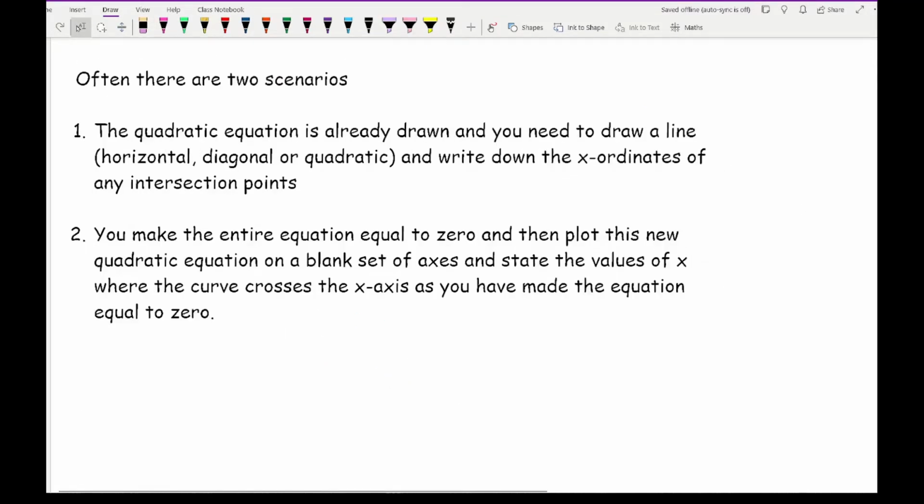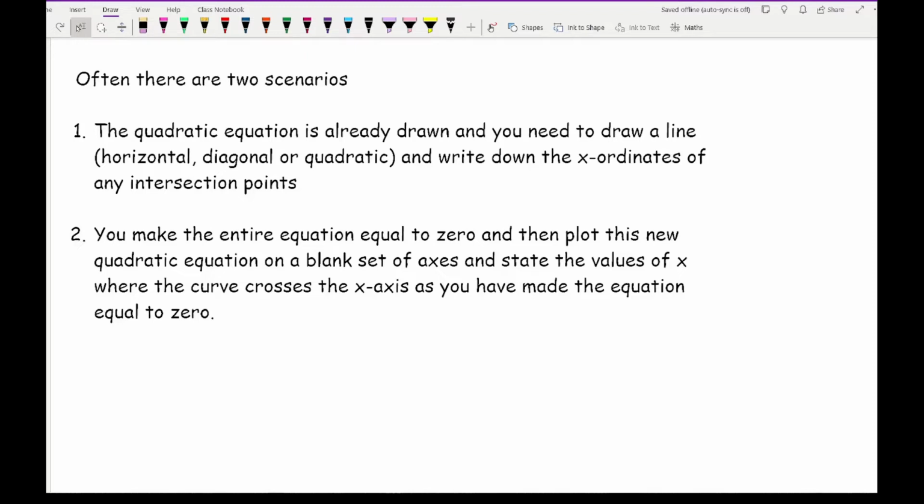Now often there are going to be one of two scenarios that you could face in your exam related to this particular situation. The first one is when the quadratic equation is already drawn for you and you need to draw a line, either horizontal, diagonal, or even in extreme cases a quadratic, and then you need to write down the x-ordinates of any intersection points between what's already been drawn and what you have drawn.